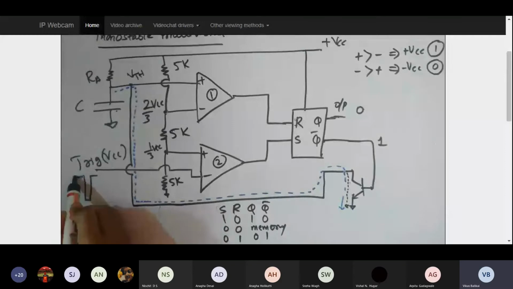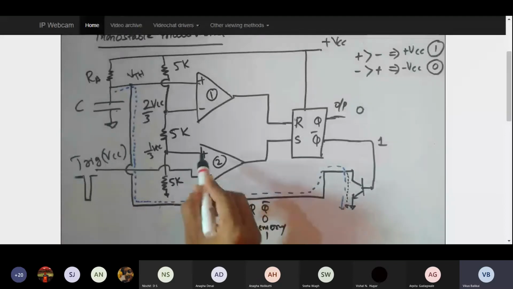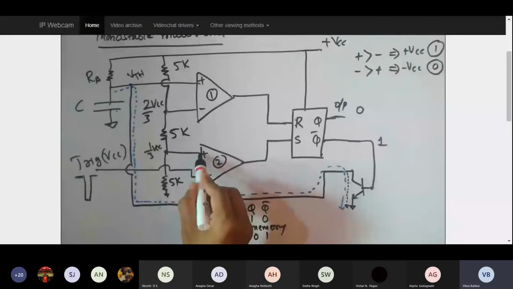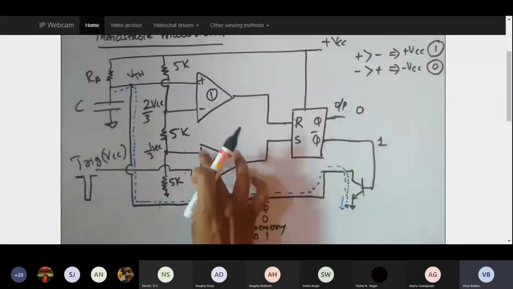So this is at VCC, which means it is at the highest potential. So this negative terminal is at plus VCC and the positive terminal is at 1/3 VCC. So between these two terminals, obviously my inverting terminal is at higher potential.